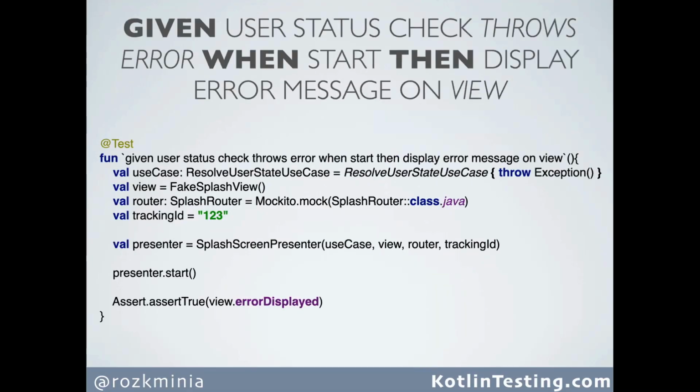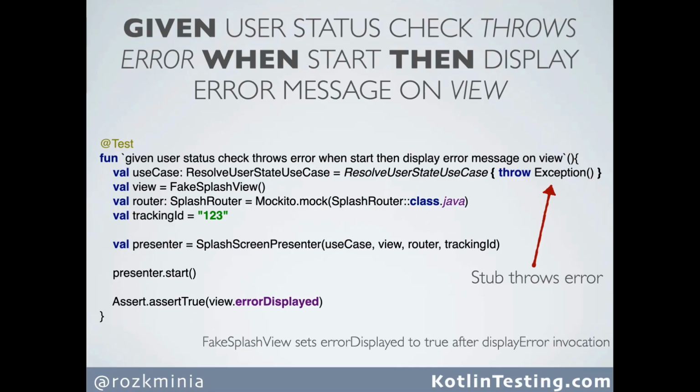So in that case, when in our test we throw exception and display error was properly invoked on view, we can simply check if our fake state was changed. And instead of using Mockito for verification, we perform simple assertion on property in our fake object.